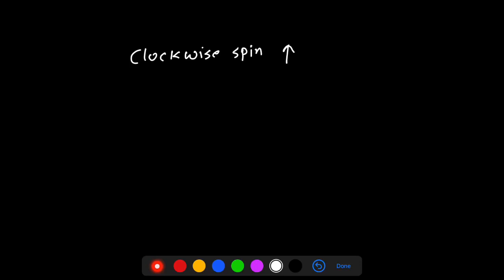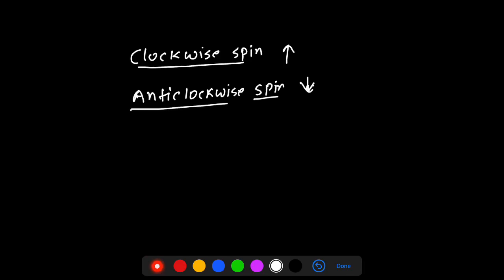Either there can be clockwise spin, where the electron is spinning in the clockwise direction. We will use this upward arrow to denote the clockwise spin of the electron by convention, or the other possible direction is the anti-clockwise spin. We will use the downward arrow to denote the anti-clockwise spin of the electron.